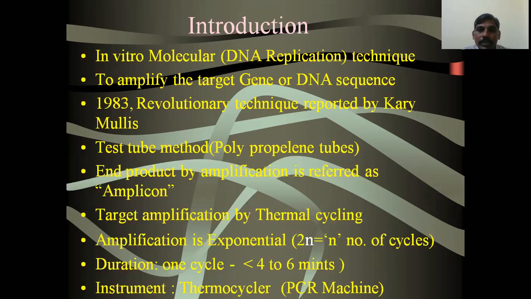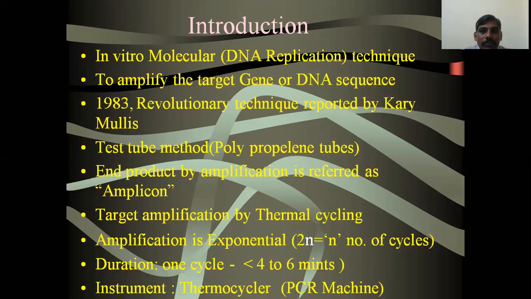The same process is done outside the cell in a test tube with the help of some enzymes, and we are able to amplify the tiny DNA sequence into millions and billions of copies within a short period of time. That is called polymerase chain reaction.